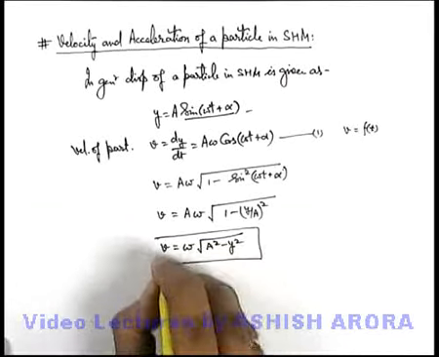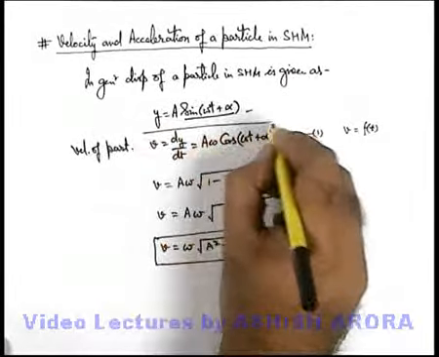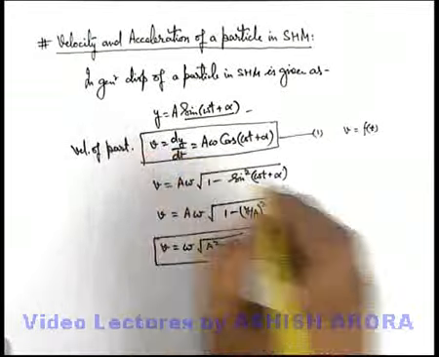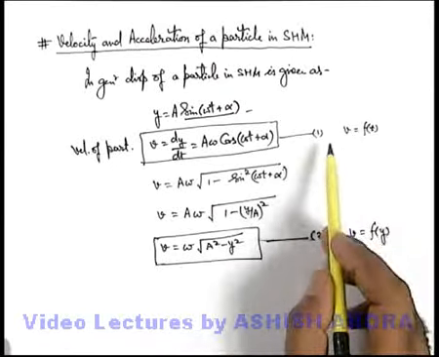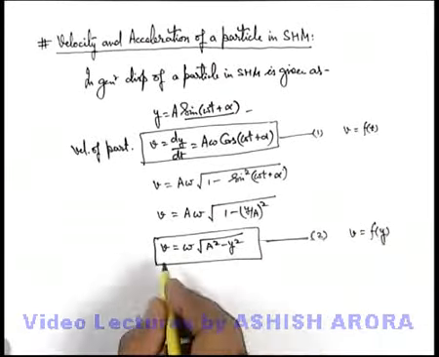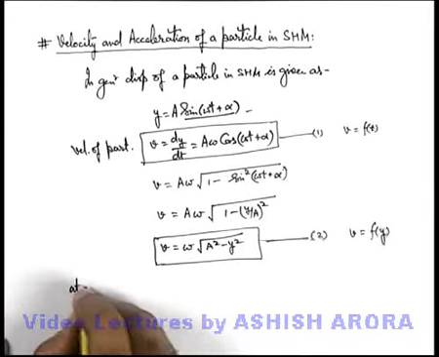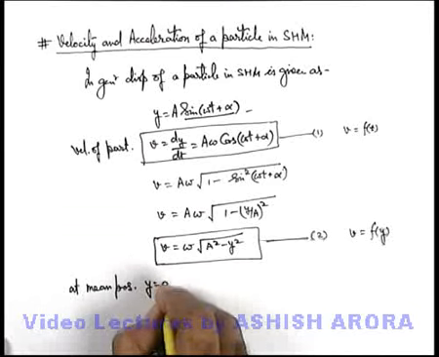There's another important point we need to keep in mind. Both of these expressions are quite useful, giving us an idea about velocity as a function of time and velocity as a function of displacement. From here we can see that at the mean position of the particle, y is equal to 0.